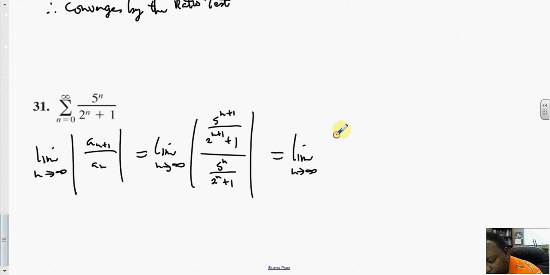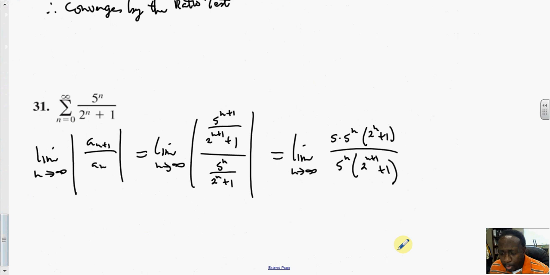So we have here 5 times 5 to the n times this denominator, and this is 2 to the n plus 1, and that's all over 5 to the n times parentheses 2 to the n plus 1 plus 1. So just a matter of simplifying this. Notice that the 5 to the n's cancel.